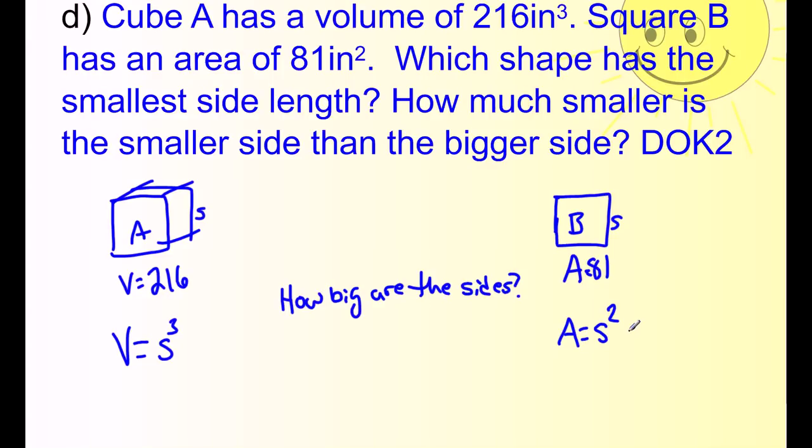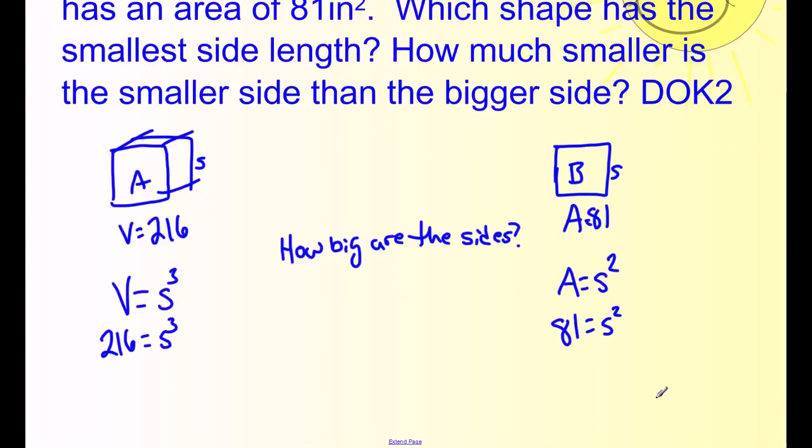If I start plugging in my information, 216 is the volume, s cubed, 81 is the area, s squared, and I solve this, I'm going to find out how big each side is. So for the cube, I need to cube root 216, and 6 equals s. For the square, I need to square root 81, and s equals 9.